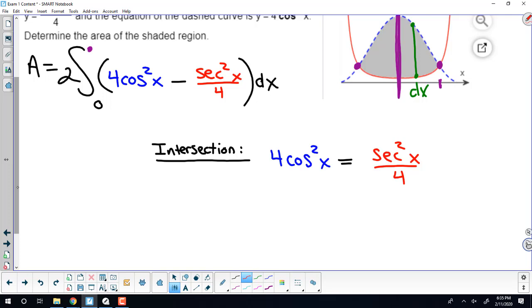Any ideas? Multiply by 4. Okay, where does 16 cosine squared equals secant squared?